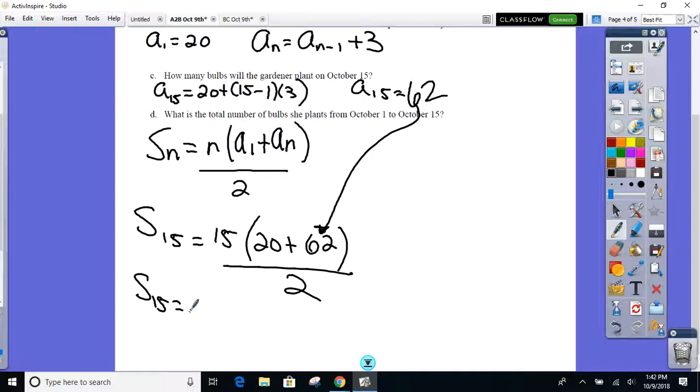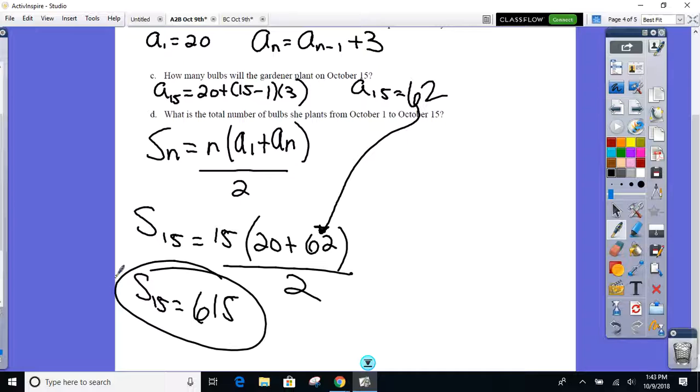So we're looking at 615 bulbs. Everyone all right? Anything here before we end it?